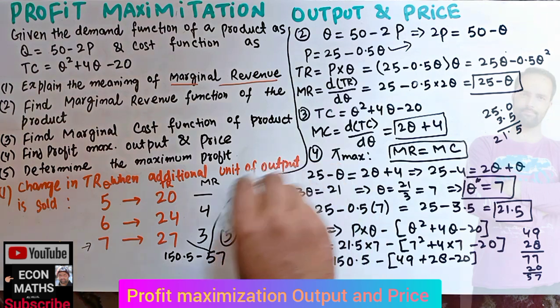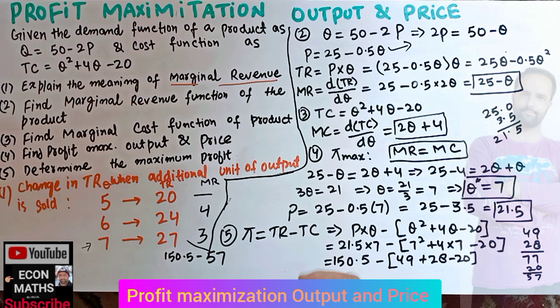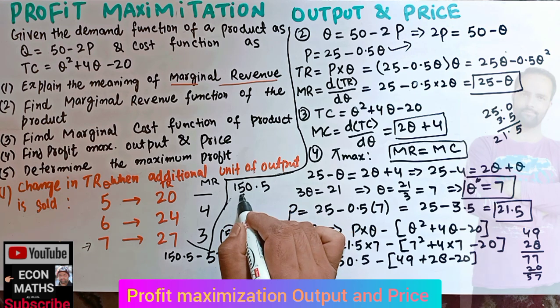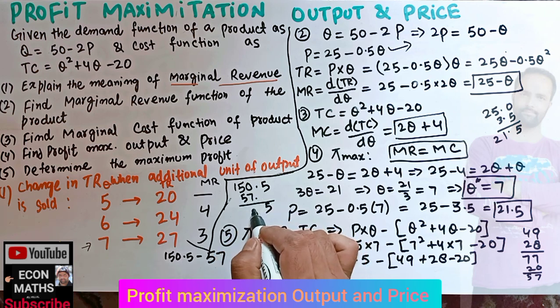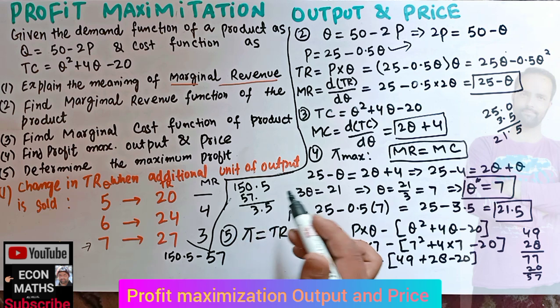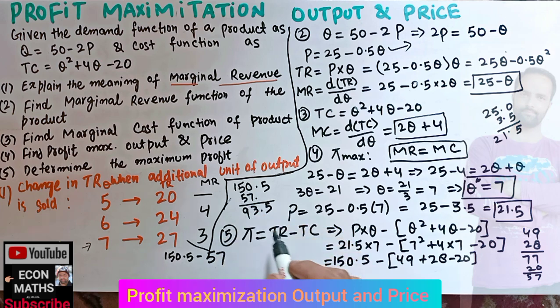I'm really sorry, these mistakes can happen at times. Okay, so we have 150.5 and we have 57. 14 minus 5 is 9, so I guess it should be 93.5.